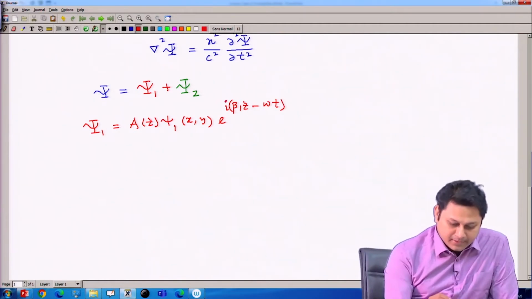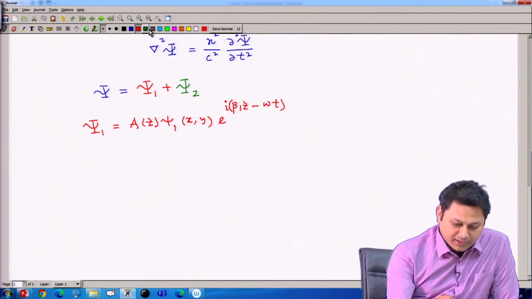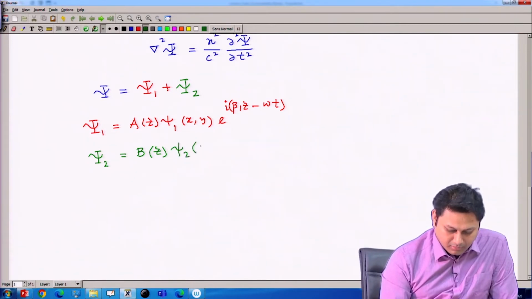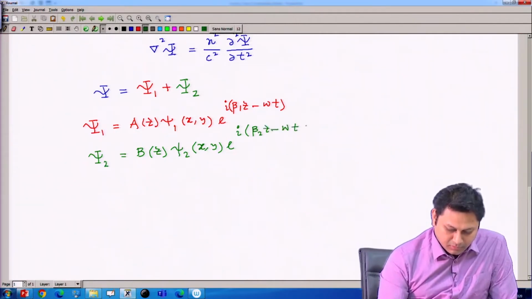Then psi 2 I can also define, with amplitude b of z, psi 2 of x y, and e to the power i (beta 2 z minus omega t).